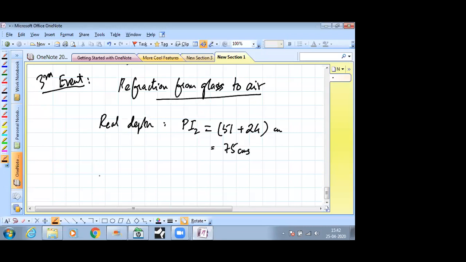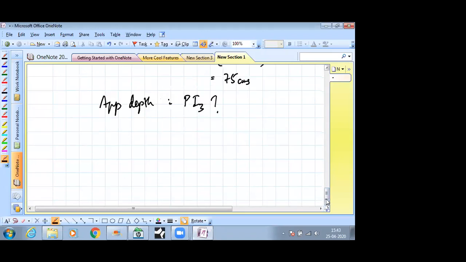And the apparent depth is PI3, which we are trying to calculate. Now we'll use the proper formula: the apparent depth is equal to the real depth divided by the refractive index, this time of glass with respect to air, because it is from glass to air.